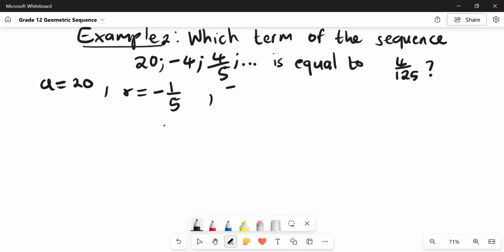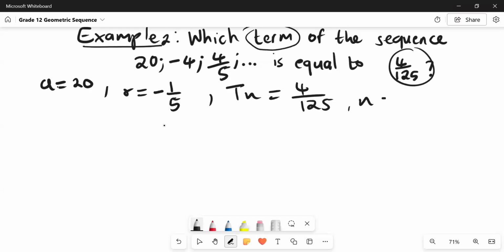So this is your R there, minus 1 over 5. And then your Tn is 4 over 125. Which term of the sequence? That's the keyword, which term? Basically, they're looking for n. So n is equal to the question mark. And we're also given the nth term, which is 4 over 125.